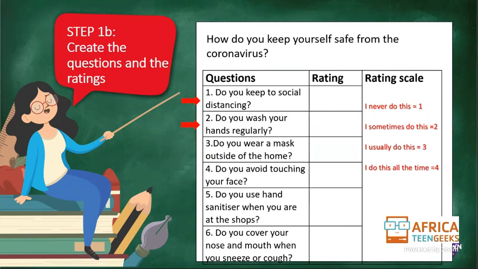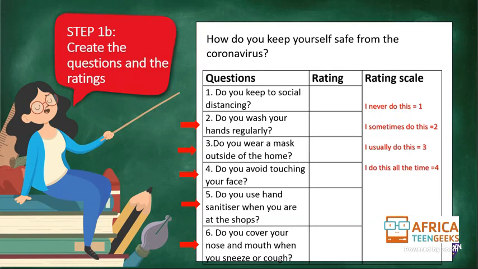Do you wear a mask outside the home? Do you avoid touching your face? Do you use hand sanitizer when you're at the shops? Do you cover your mouth and nose when you sneeze or cough? And I see some people are already answering that with either a 1, 2, a 3, or a 4.